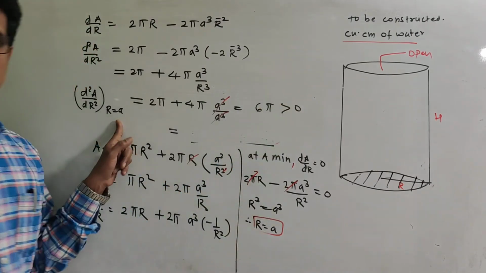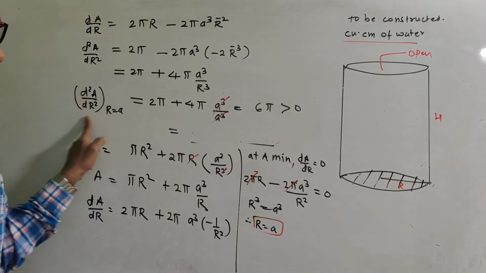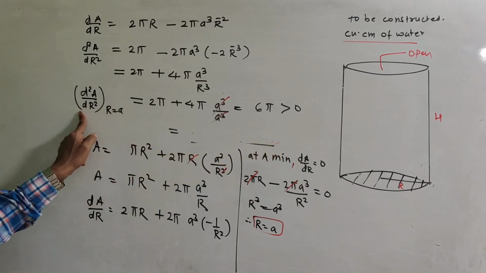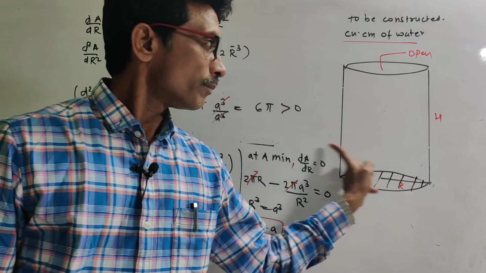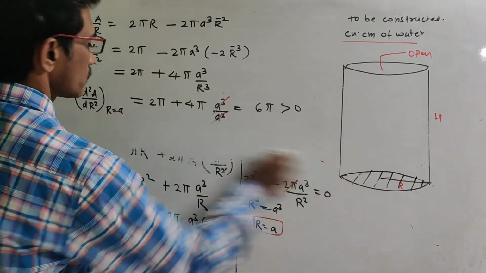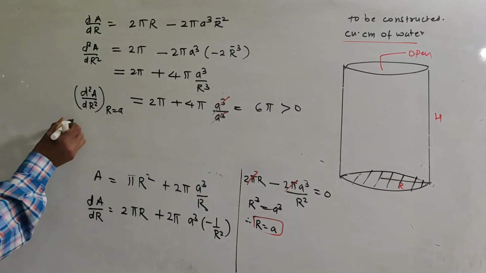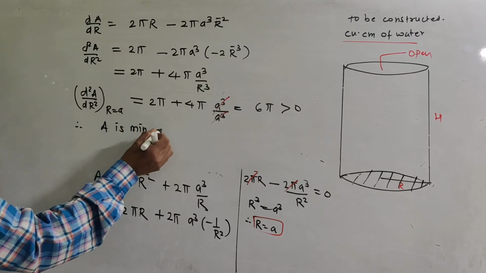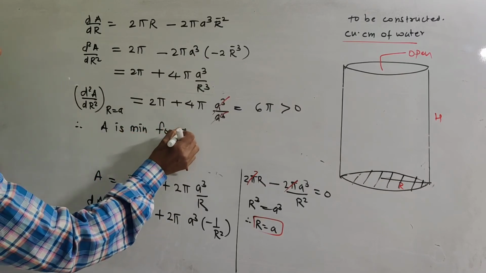Clearly it is greater than 0. The second order derivative at r equal to a is positive, that means the surface area, that means the metal sheet required, is minimum. Therefore A is minimum for r equal to a.